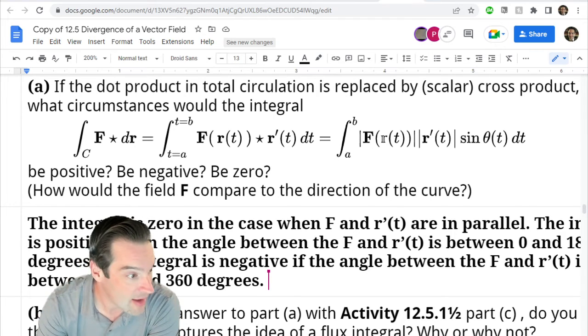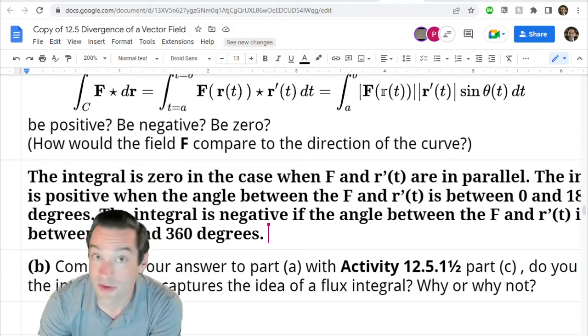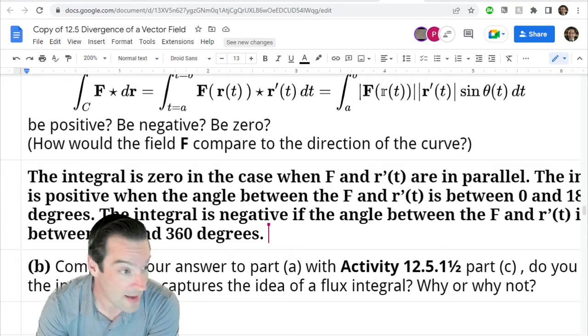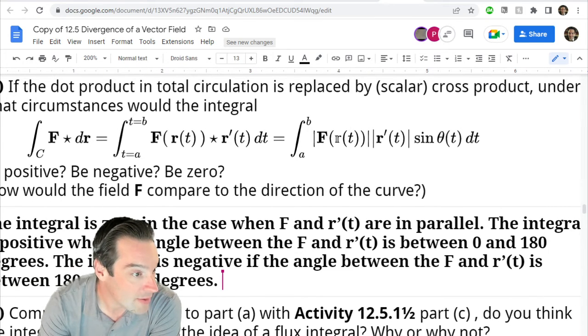Because the sine is zero anytime the field and the curve are either parallel or anti-parallel, a 0 or 180 degree angle, this integral is going to be 0 in that case. It's going to be positive when there is more of this curve along which F and r of t make an angle between 0 and 180 than not.